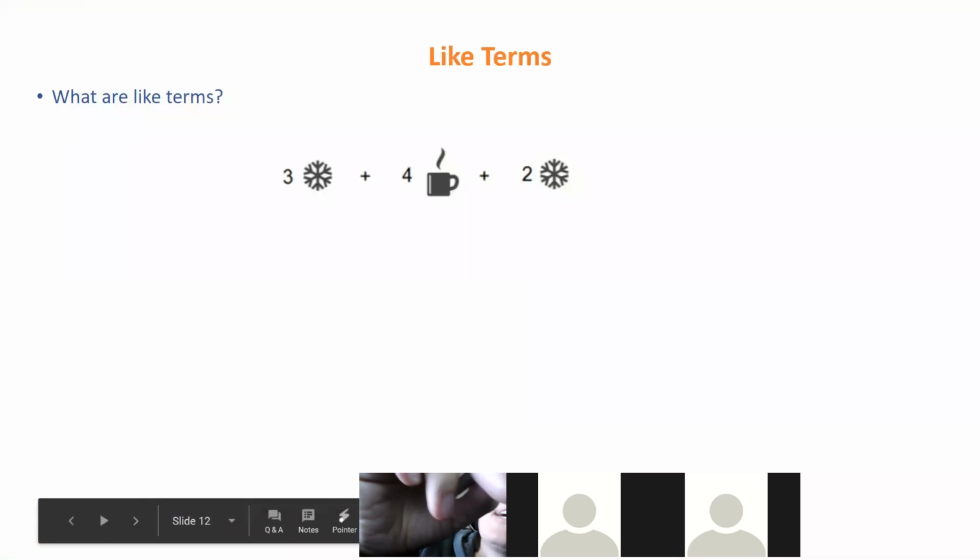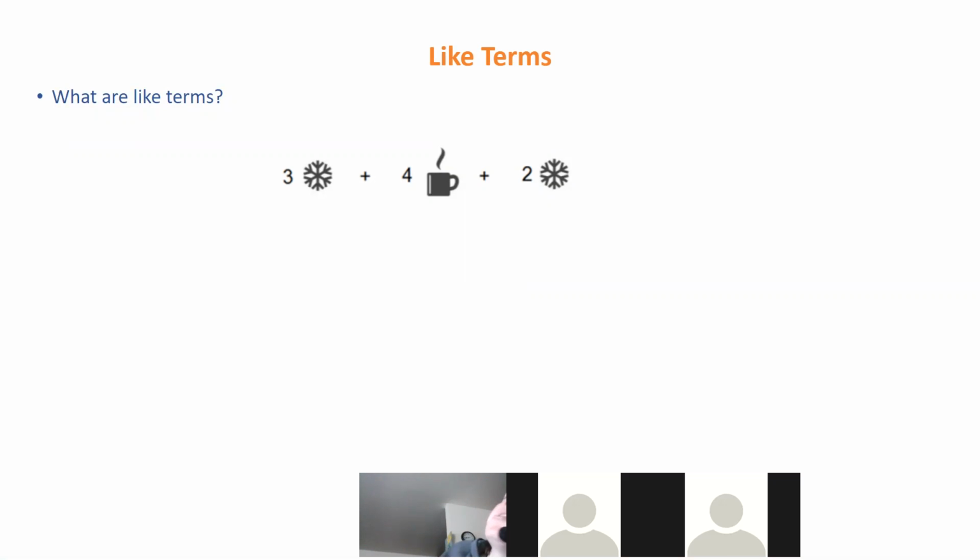Okay, like terms. We're talking about like terms. In this example here, we have 3 snowflakes, 4 cups of hot chocolate, or hot cider, if you will, and then 2 snowflakes. What are the like terms? What could I add together here? The snowflakes. Yeah, very good.